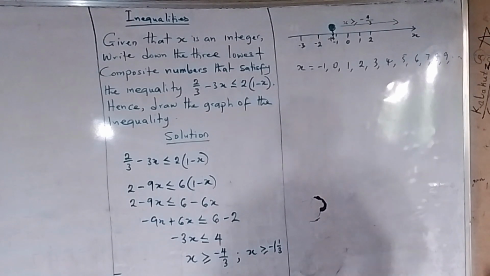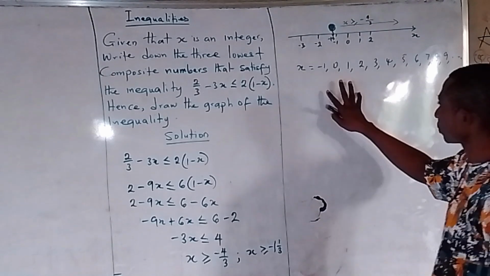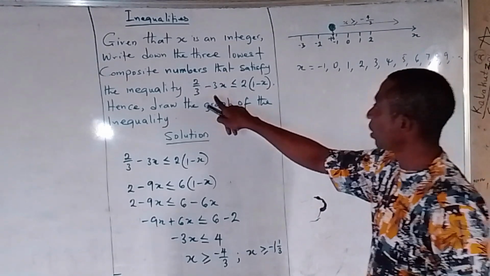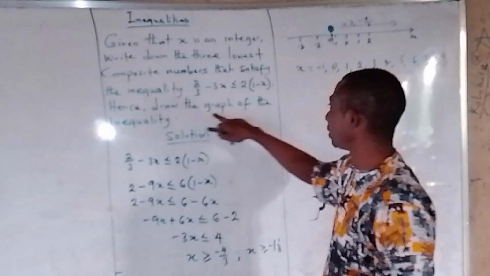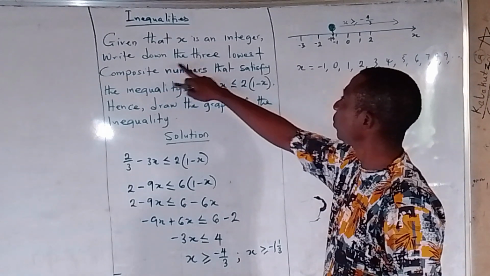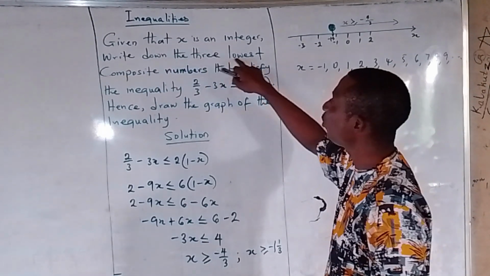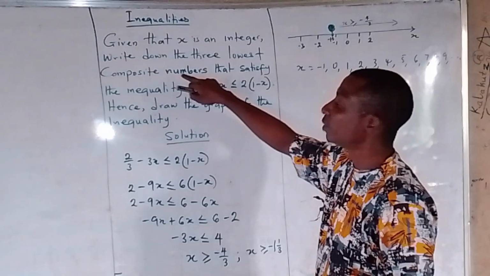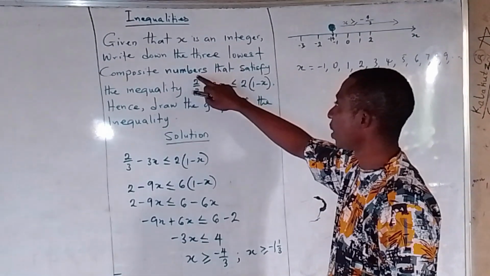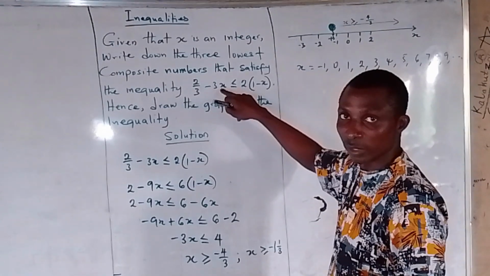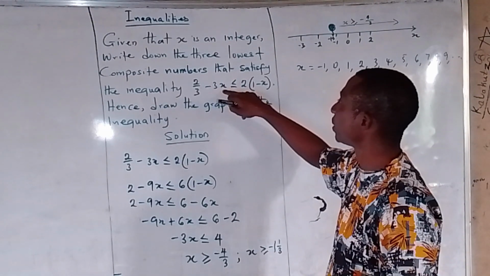We can list as many as we can. Now, the question says, let's look at it very well. We have to draw the graph, and also we have to write down the 3 lowest composite numbers that satisfy this inequality.